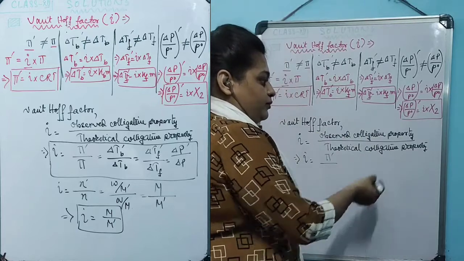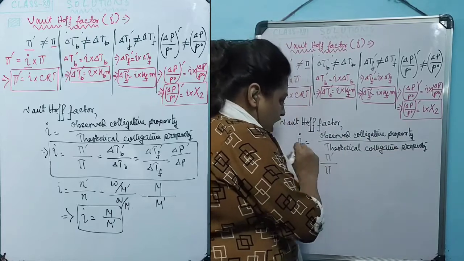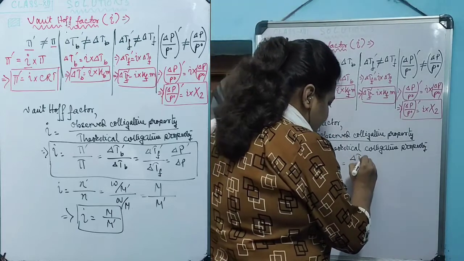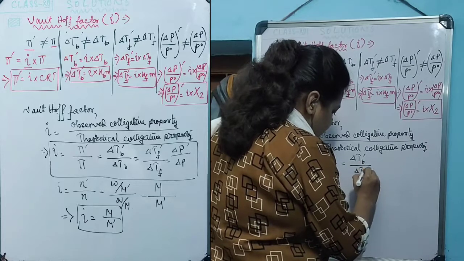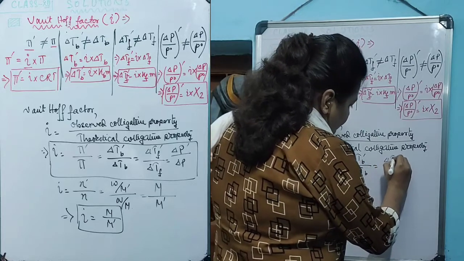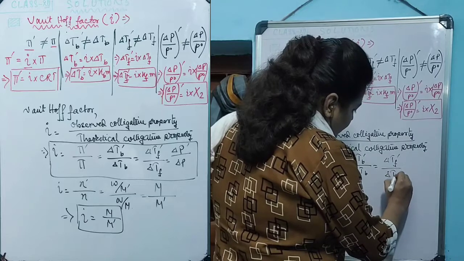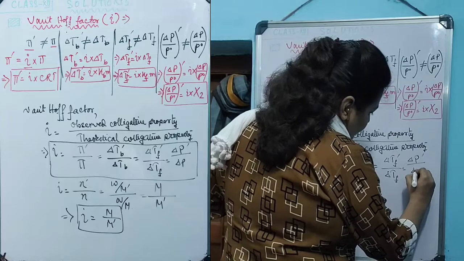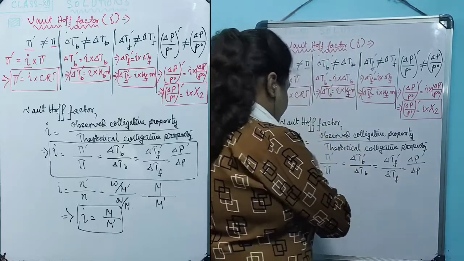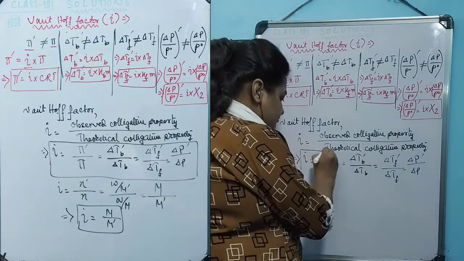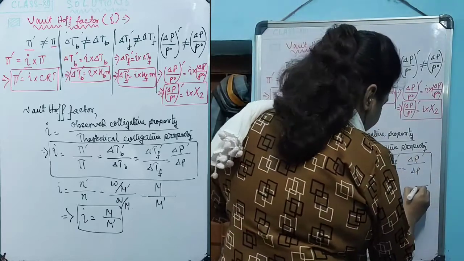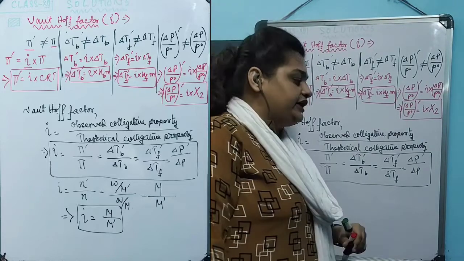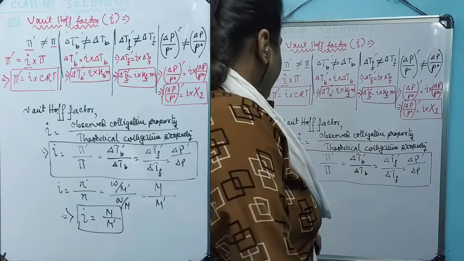So therefore, i equals pi prime by pi, or similarly delta TB prime by delta TB, or delta TF prime by delta TF, or delta P prime by delta P. This is the expression by which you can find out the Van 't Hoff factor i for individual solutions.